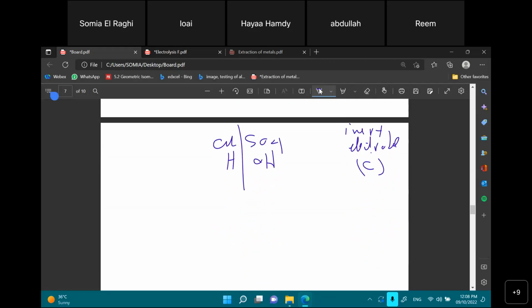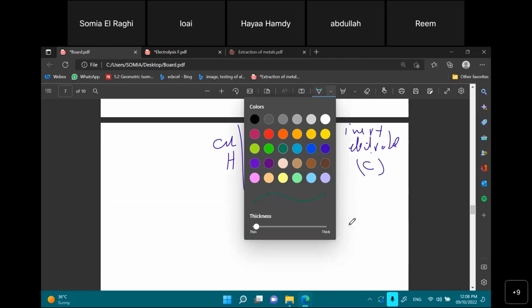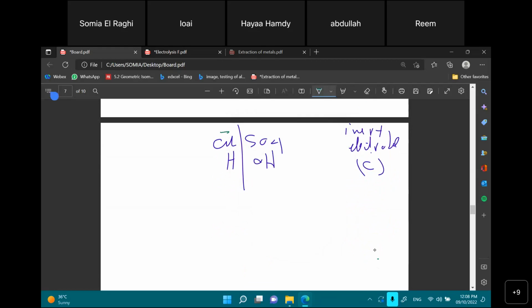What are we talking about here? We are talking about electrolysis of copper sulfate solution in the normal way. What do we get? We get copper metal, and oxygen gas, and sulfuric acid, H2SO4. Those are the 3 materials.